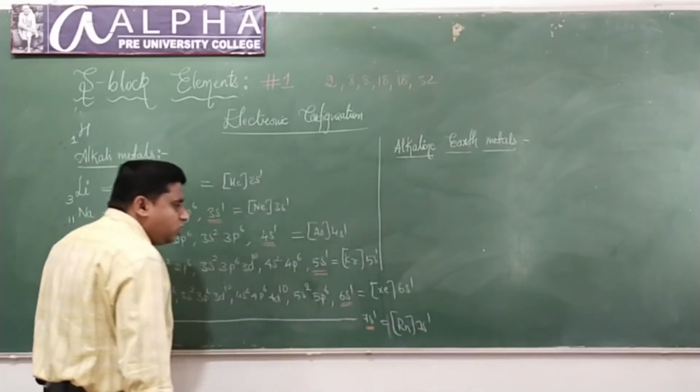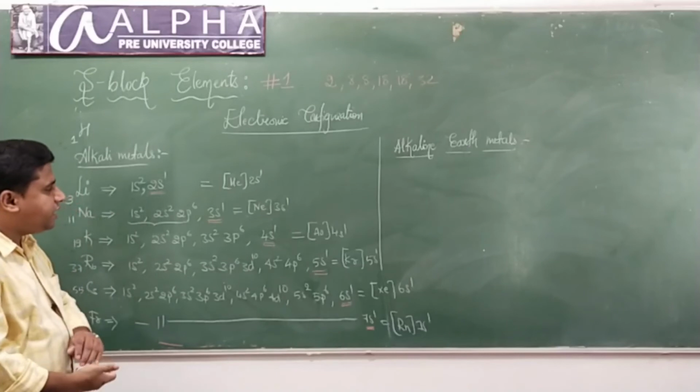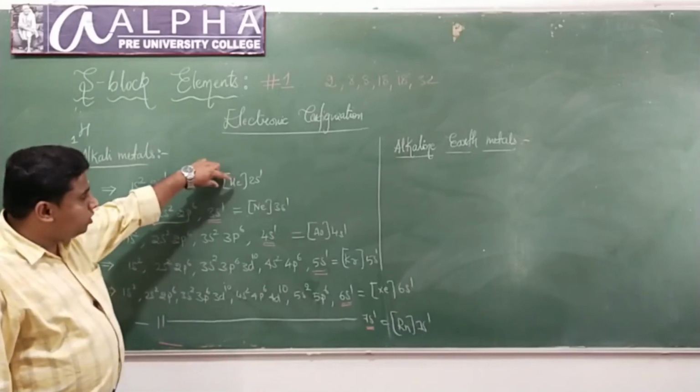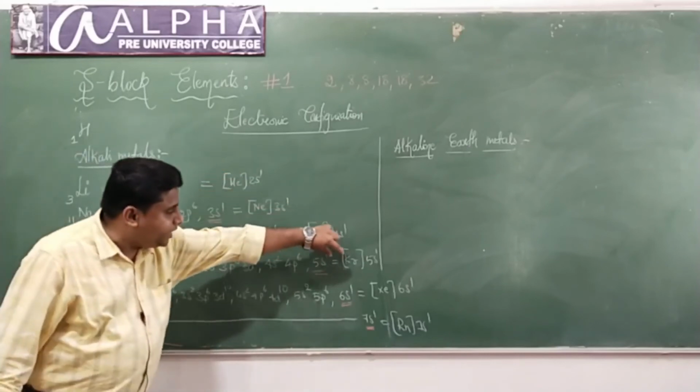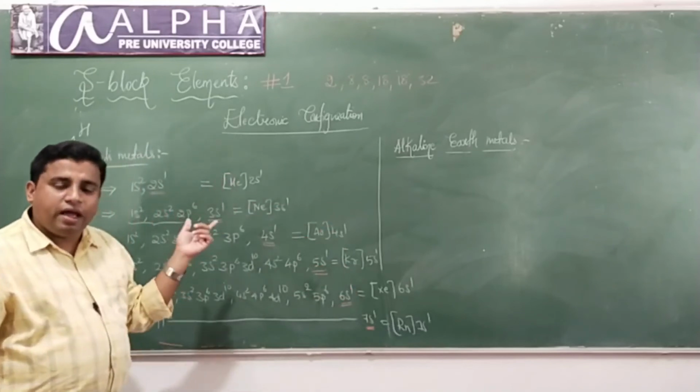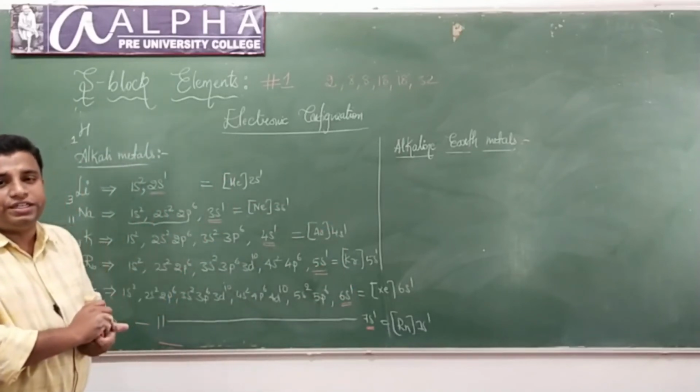So look at the electronic configuration of alkali metals. In the inner core we have noble gas configuration, and in the outer shell we have ns1 configuration, isn't it?